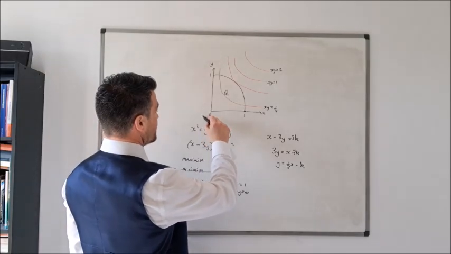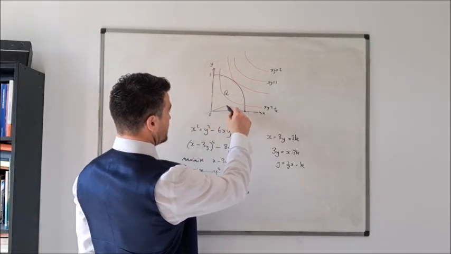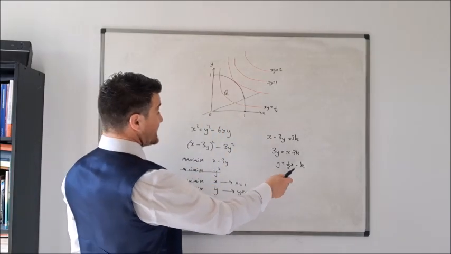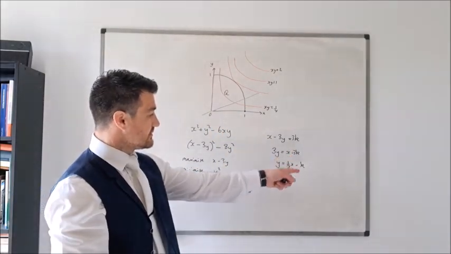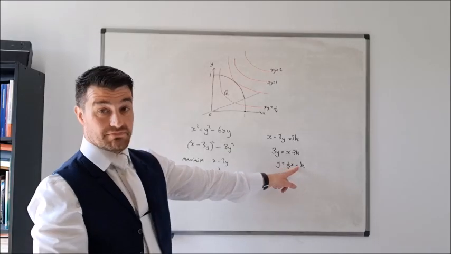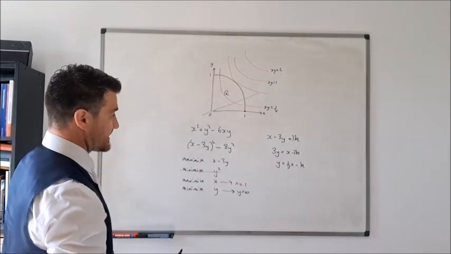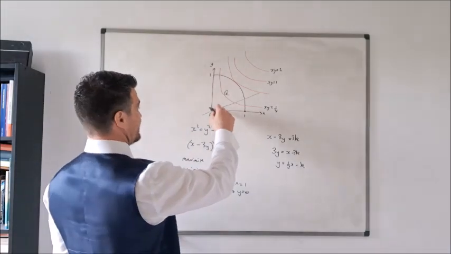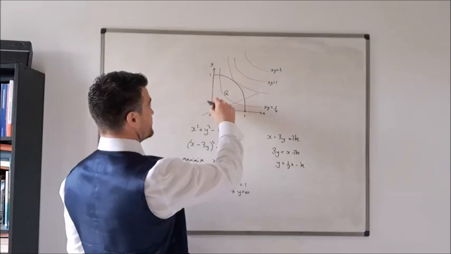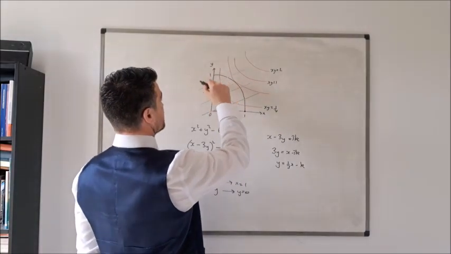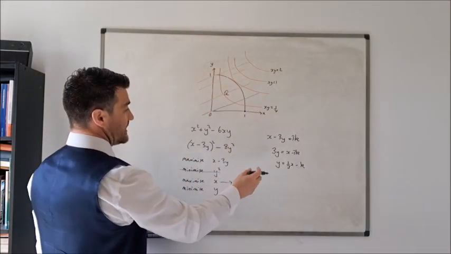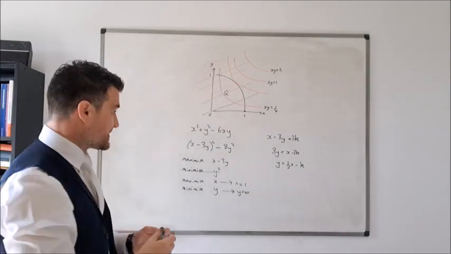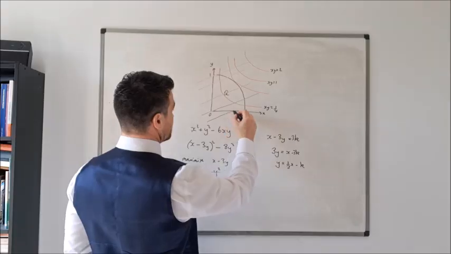So if k equals 0, we're going to get a straight line here, gradient a third. Notice here that it's minus k. As k decreases, as it becomes more negative, this line is effectively going to move up. So I'll get a series of lines, and as k becomes more positive, the line is going to move down.